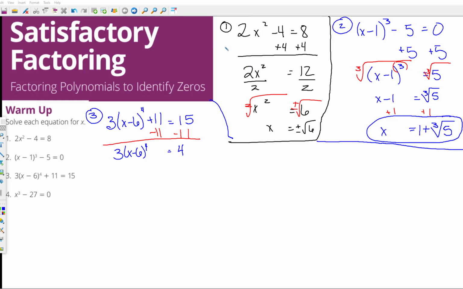It's going to be kind of like number 1 there. We have to get that term isolated. What would I do next? So take the 4th root. Is that an odd or an even root I'm taking? So it's going to have a plus or minus.